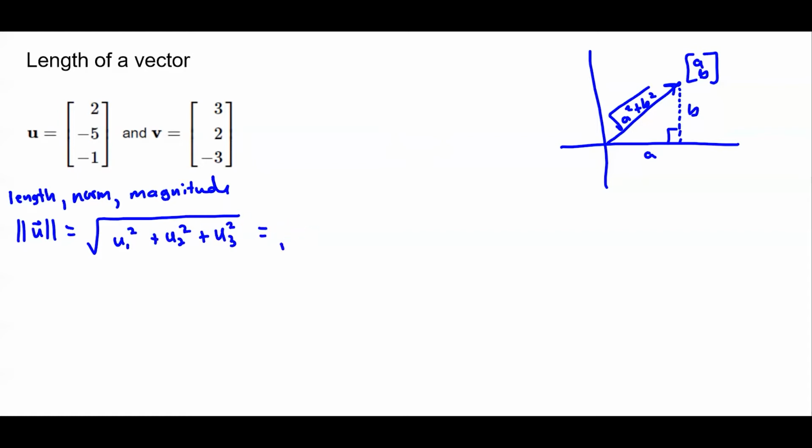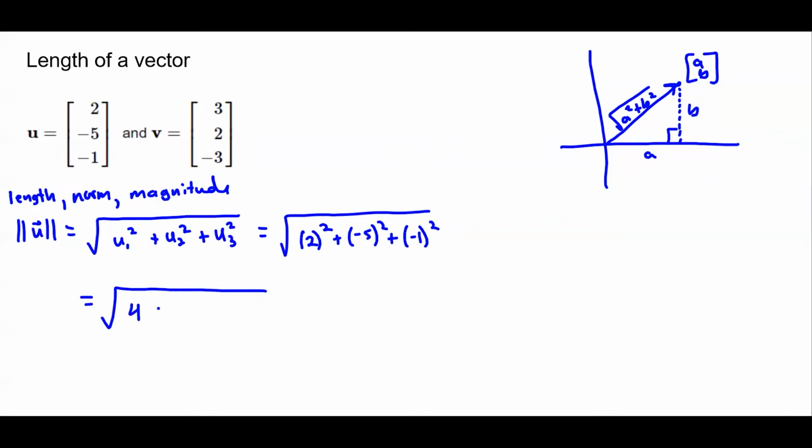So in our case, we have 3 entries. So this will be 2 squared plus negative 5 squared plus negative 1 squared. So that's 4 plus 25 plus 1. That is the square root of 30. And I don't think that reduces any. So the norm of U, or the magnitude of U, is the square root of 30.